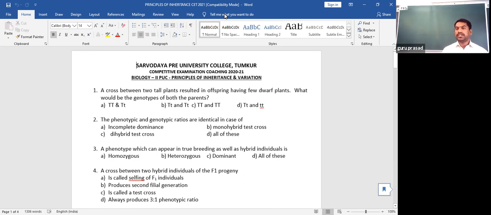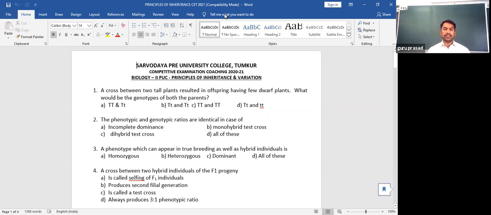If you look at option D, capital T small t is tall, and the other is small t small t. In the question itself, they have mentioned two tall plants, in the sense both parents are tall. So we can skip option D because it is not the answer, as another parent is dwarf. So three options are left.